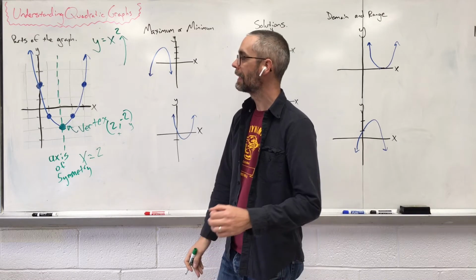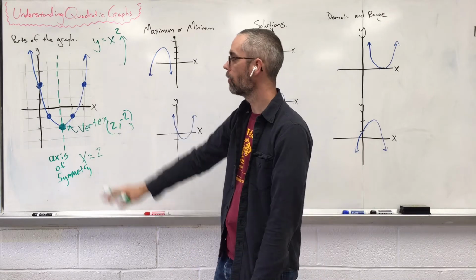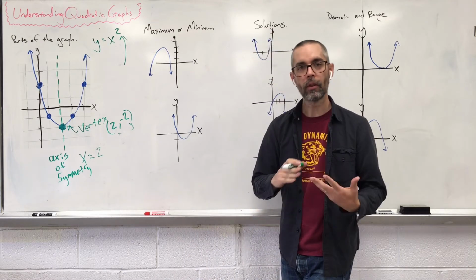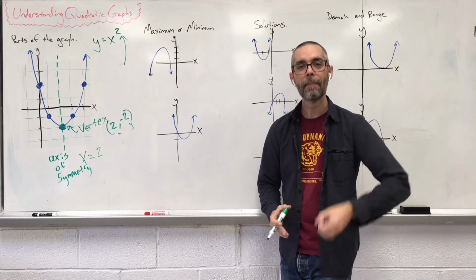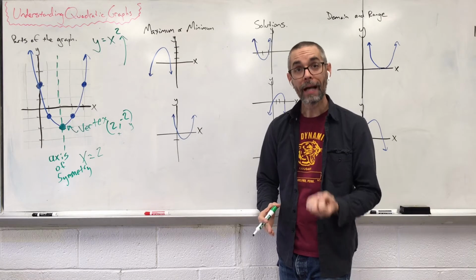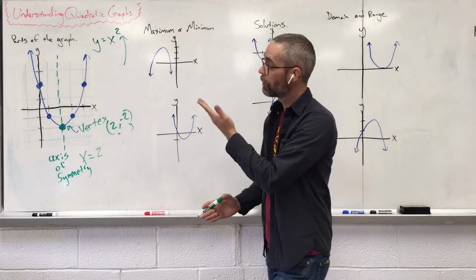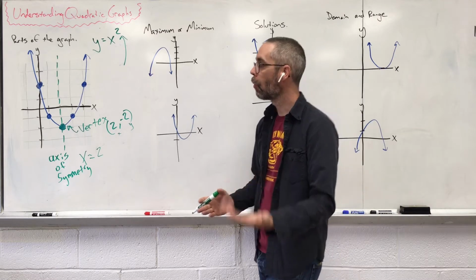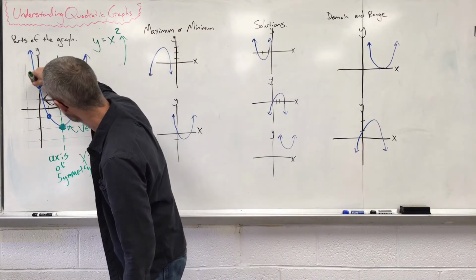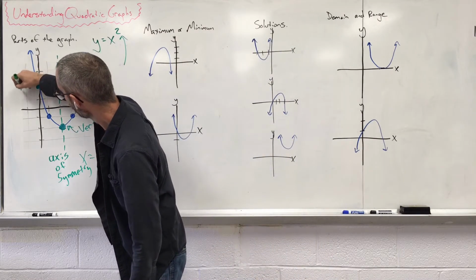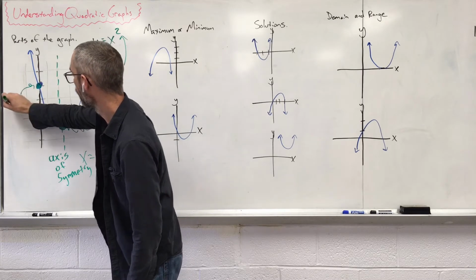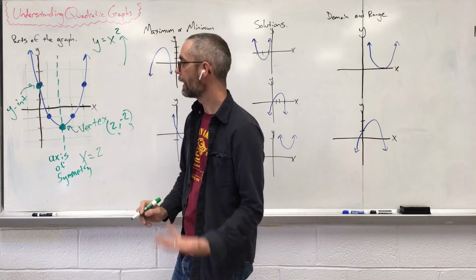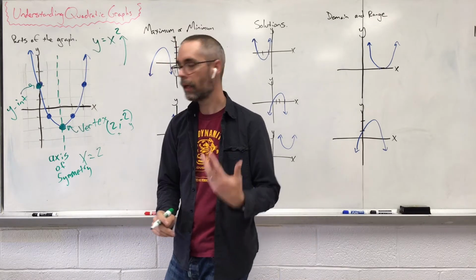And one last key feature on this parabola is called the y-intercept. Whenever you're dealing with lines, y equals mx plus b, b is that y-intercept. When we have a parabola, we still will have a y-intercept. In that case, it's going to be right there. I'm going to abbreviate that y-intercept, and we can write that two ways.